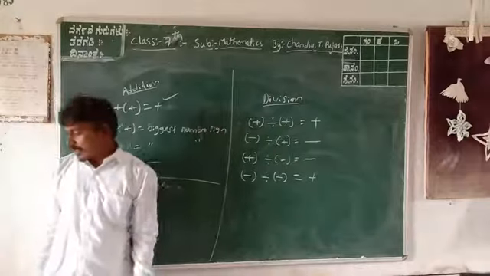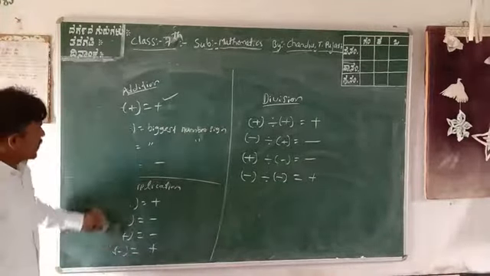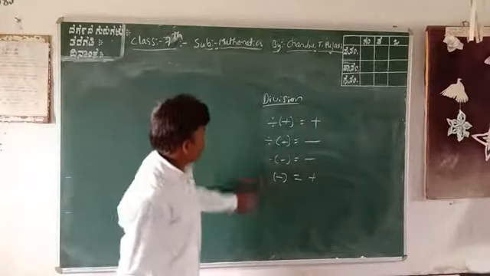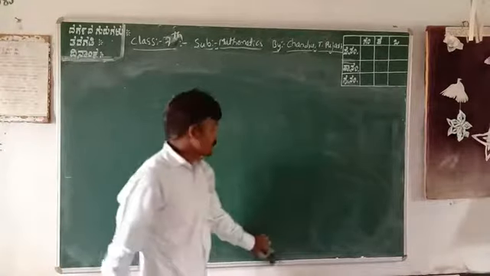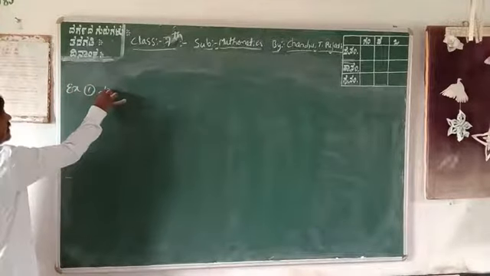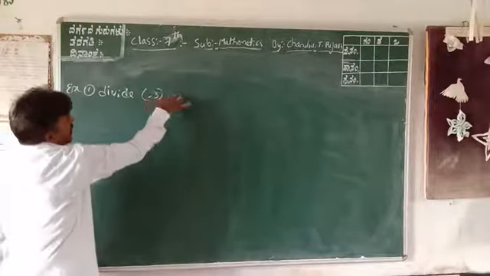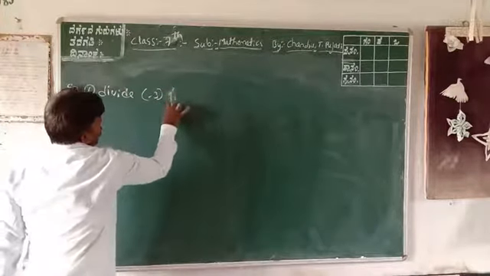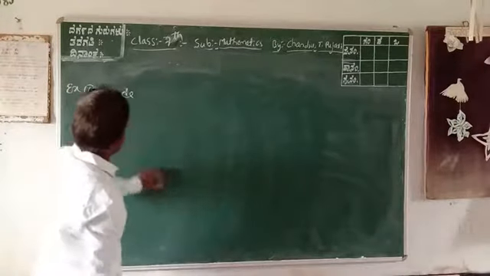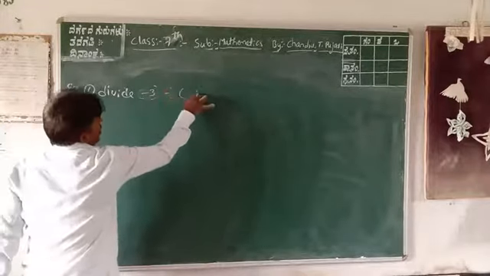Okay, dear students, let us take some examples on division of integers. Example number one: divide minus 3 by minus 2.